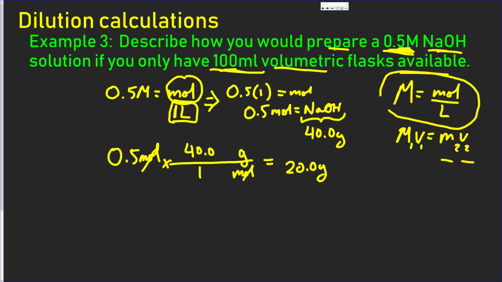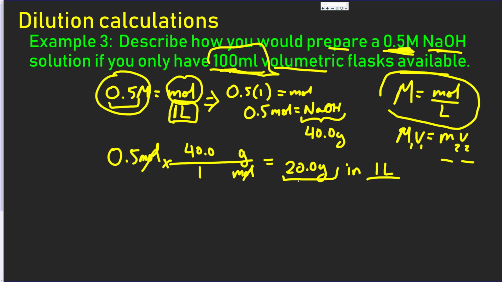So what does that mean? That means if I want to create 0.5 molar, I'm going to dissolve 20 grams in 1 liter of solution or water, because that's what I calculated. If I dissolve 20 grams in 1 liter, I'm going to get this 0.5 molarity. But since I have just a 100 mL volumetric flask, I need to scale this down.